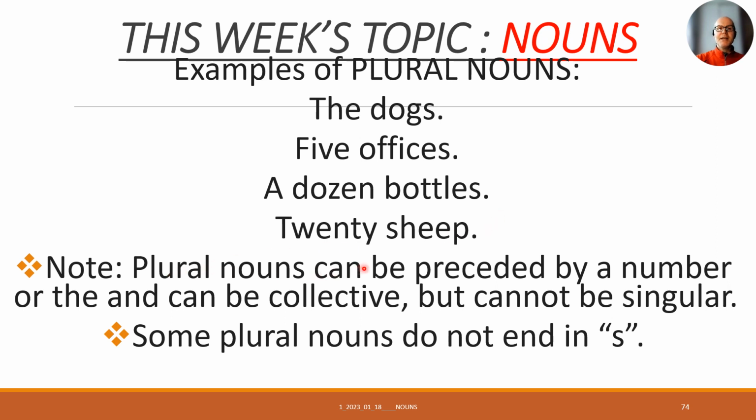Plural nouns can be preceded by a number or the and can be collective, but cannot be singular. Some plural nouns do not end in the letter S. For example, 20 sheep.